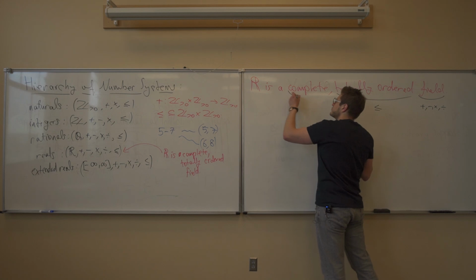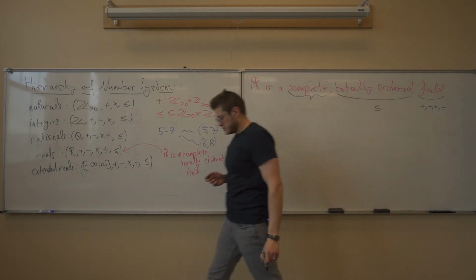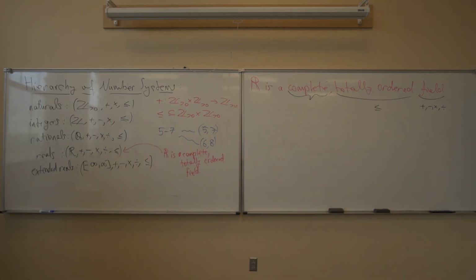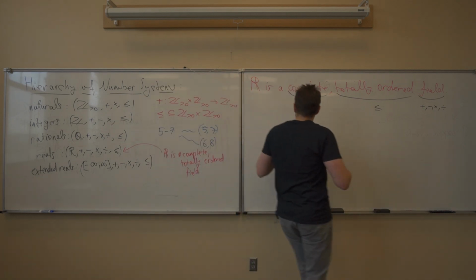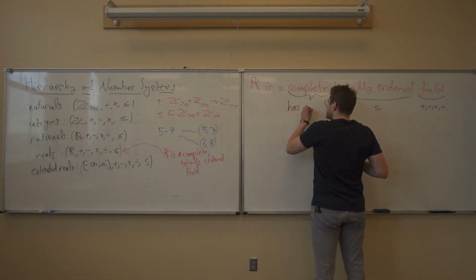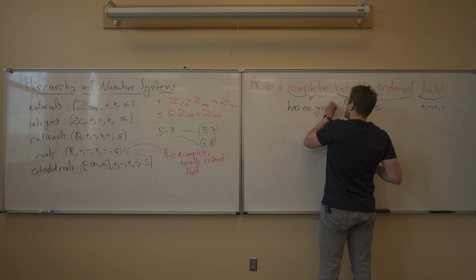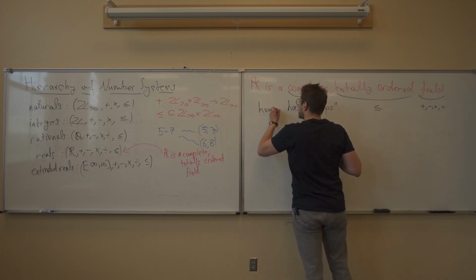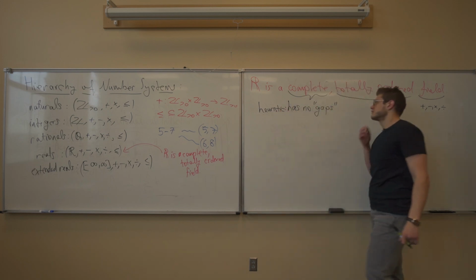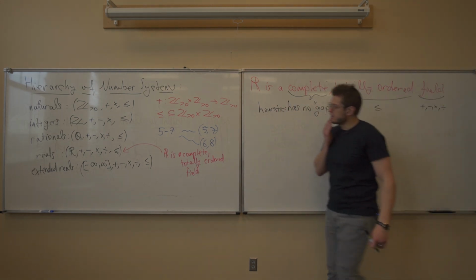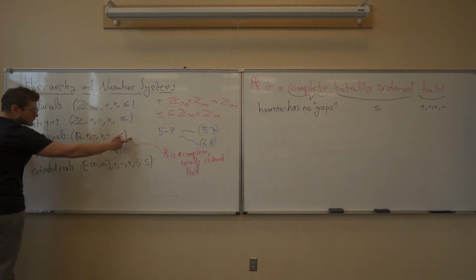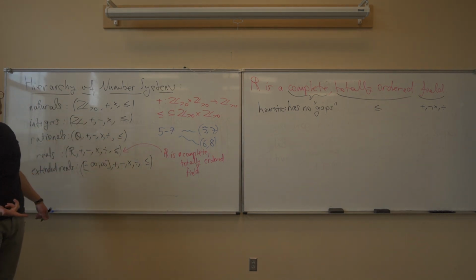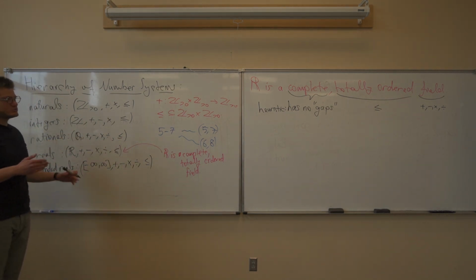Completeness, I would like to spend some time on, because completeness is, intuitively speaking, about not having any gaps. Has no gaps is a heuristic. So for instance, the rationals Q is a totally ordered field, but it is not complete.